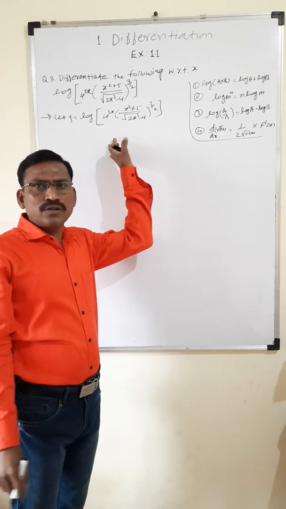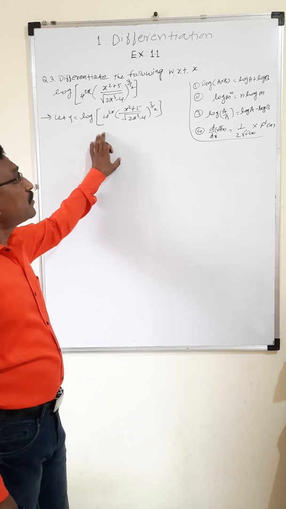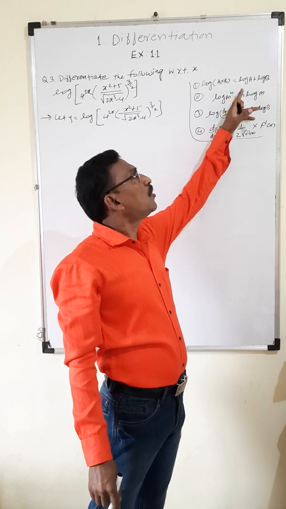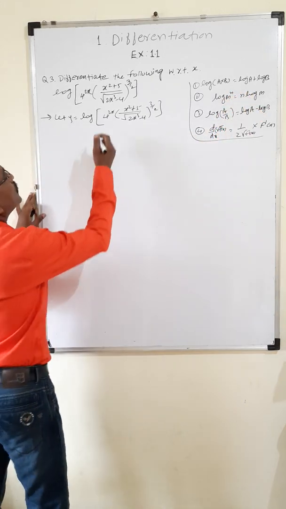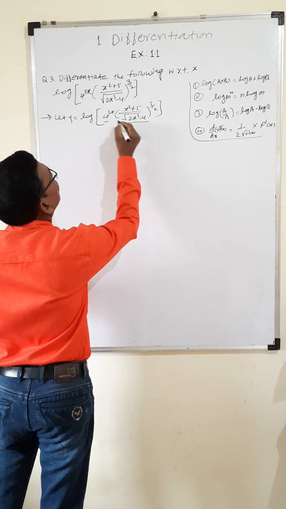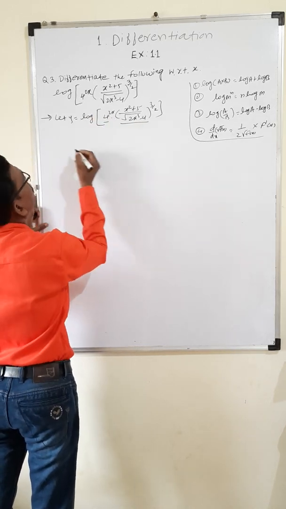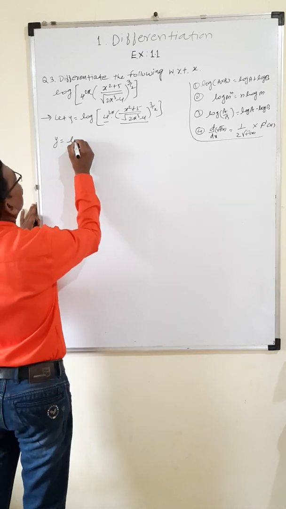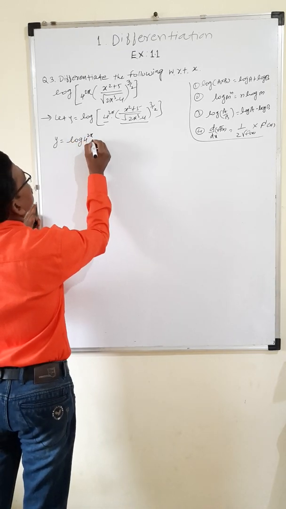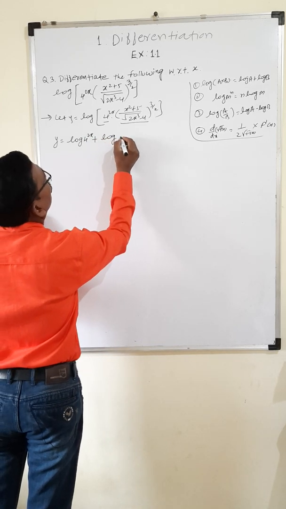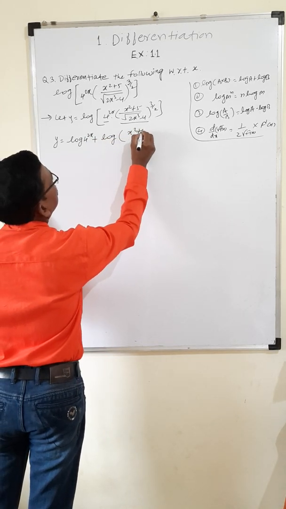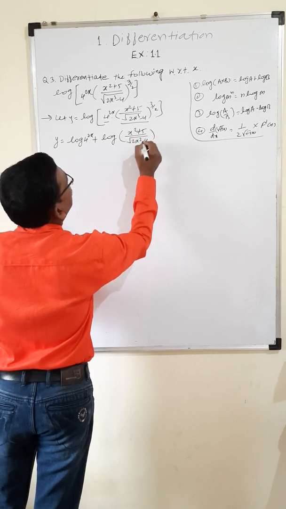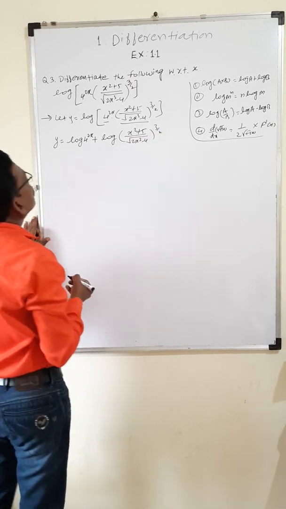When we observe this, we use the rule of logarithm: log of a into b is log a plus log b. So this is a and this is b. That's why we use the first rule here. We simplify first: log of 4 raised to 2x plus log of x square plus 5 divided by root of 2x cube minus 4 to the power 3 by 2.